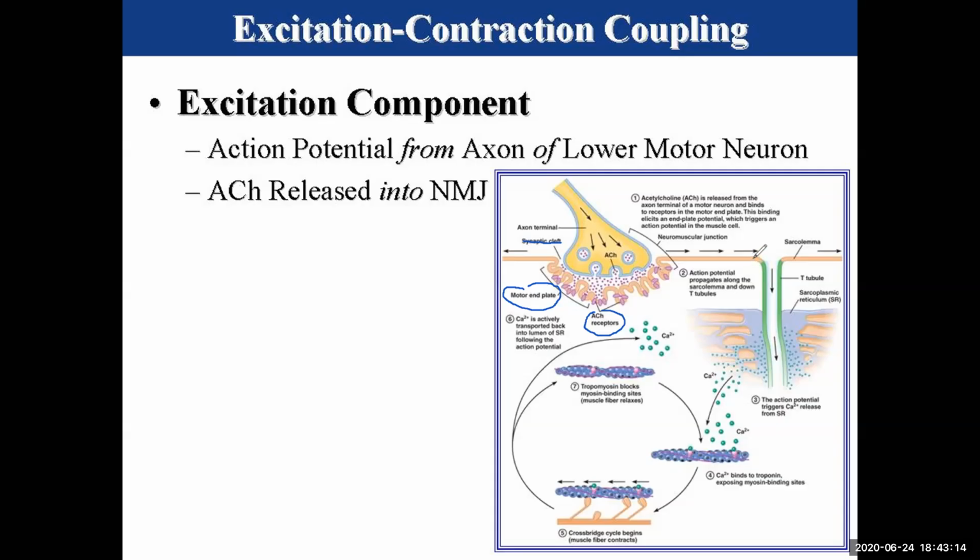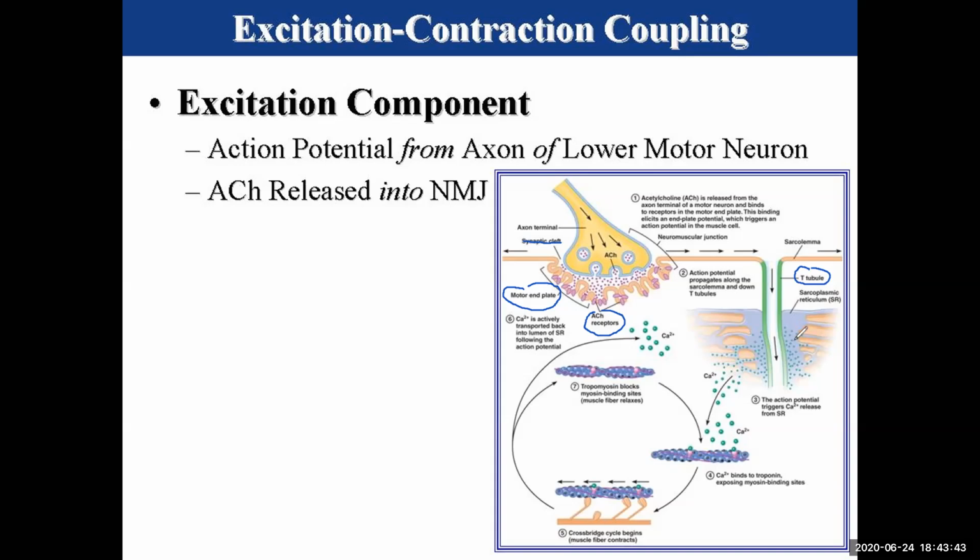So the invagination of the sarcolemma inside the cell, that structure we call the T-tubule. The action potential propagates along the sarcolemma into the T-tubule. The sarcolemma along the T-tubule sits next to the sarcoplasmic reticulum.